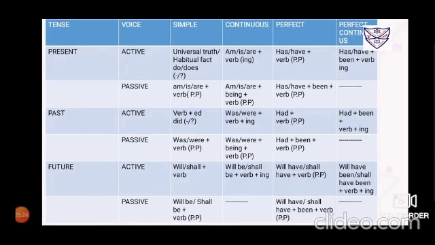Let us go to the vertical form. Vertically, you will have the 3 main kinds of tenses: the present, the past, and the future tense. The next row will be of voice. As we have already learned, there are 2 kinds of voice: active voice and passive voice.